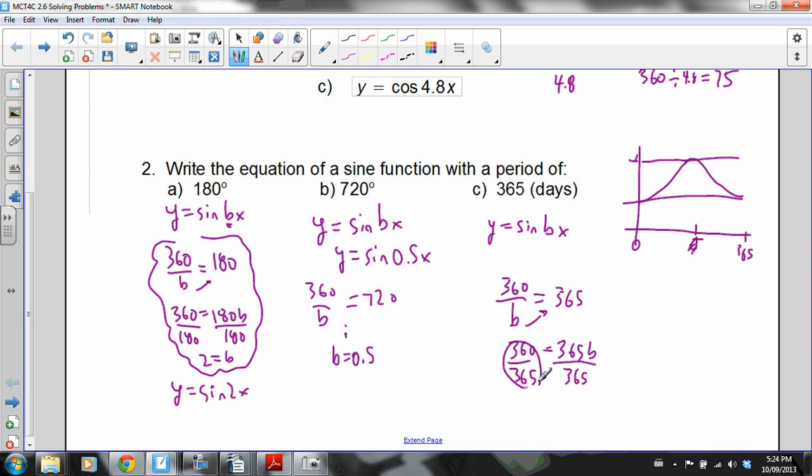And that value right there, I could write it as a decimal, I suppose, is the b value, right? So it's y equals sine of 360 over 365 x, and that is the b value right there. I could use a decimal, I suppose, but I'm not going to. This is what we're wanting to do today.